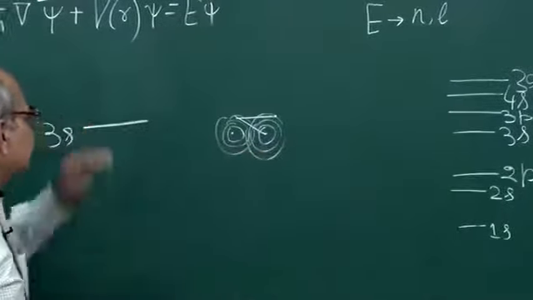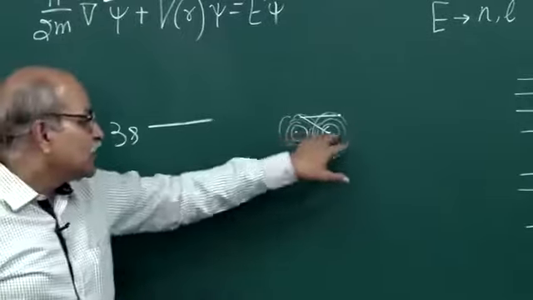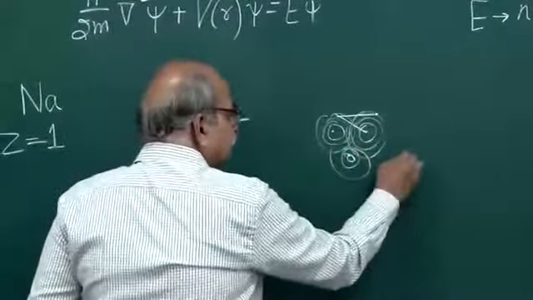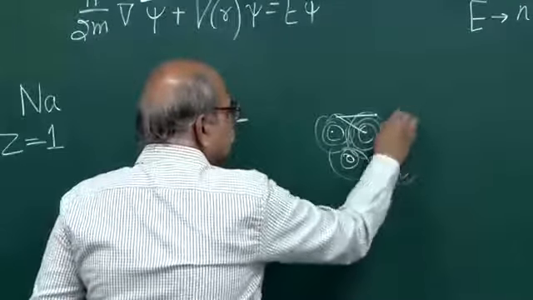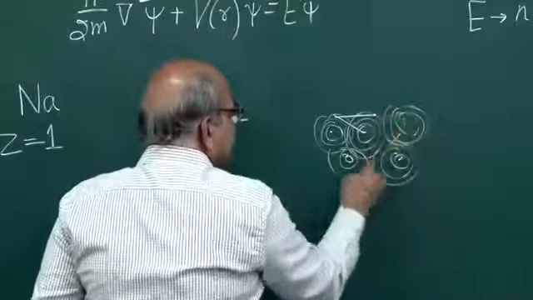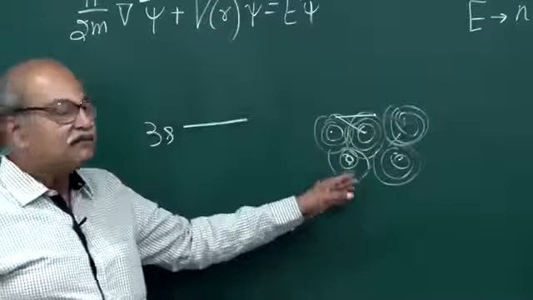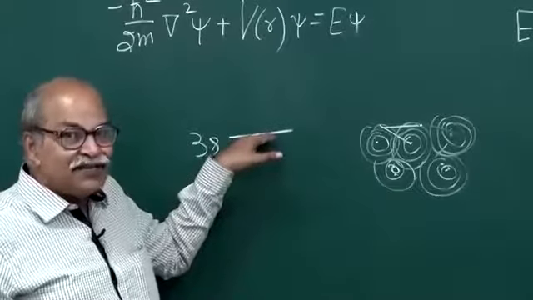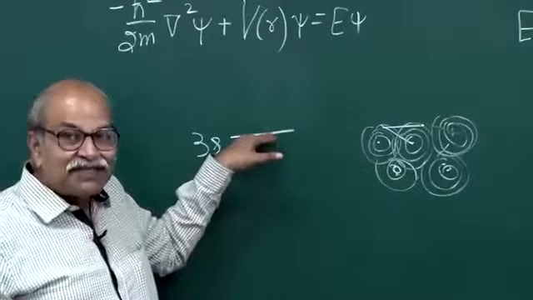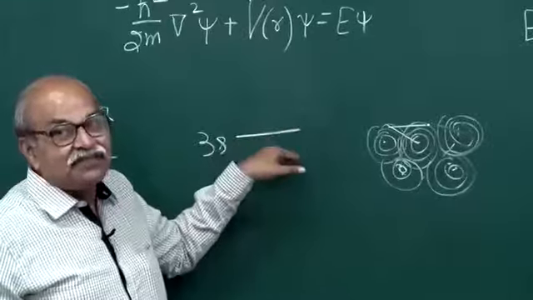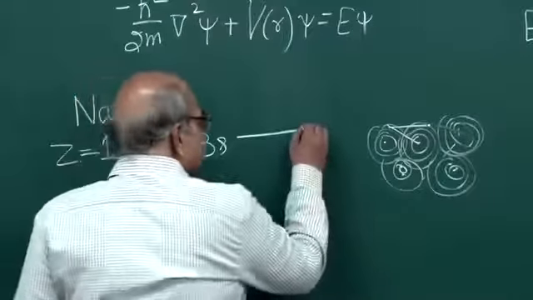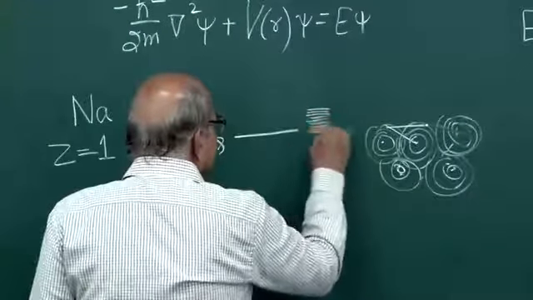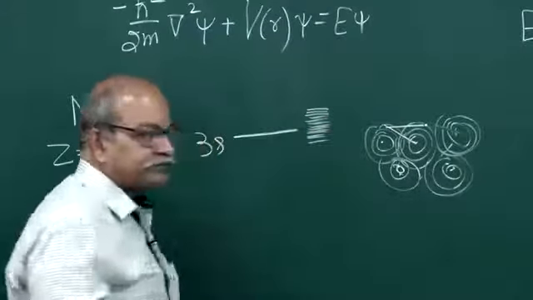So, if you take that 3s, now the sodium atoms are interacting with each other. It is making a crystalline solid with some kind of crystal structure. So, all these interactions have changed the energy level. All those 2N quantum states which were here, for some of them energy is going up, for some of them energy is going down, and therefore these 2N quantum states will now have different energies.